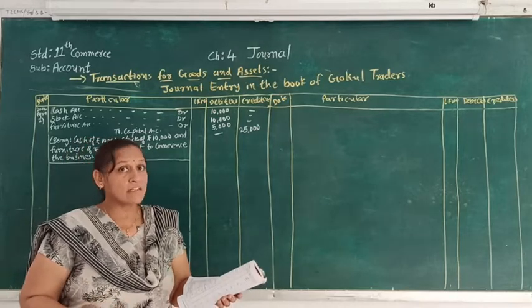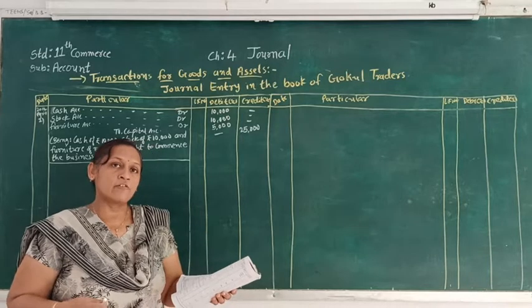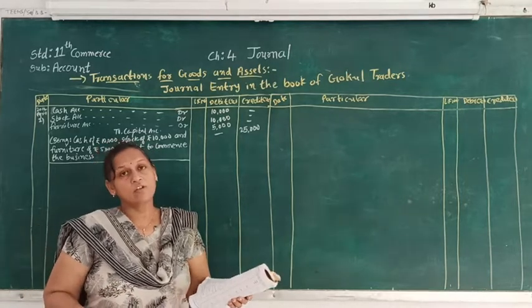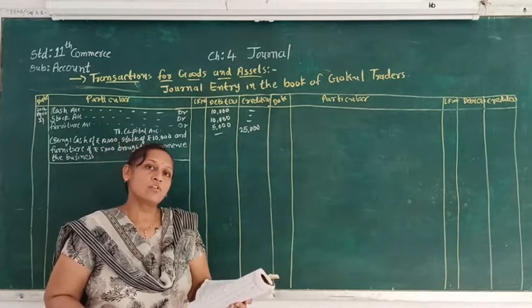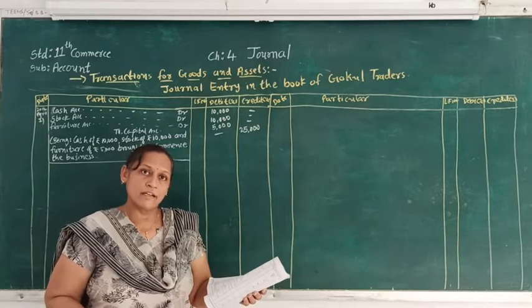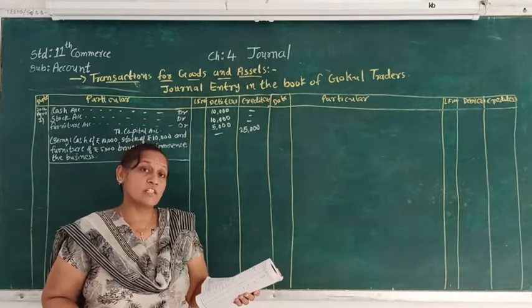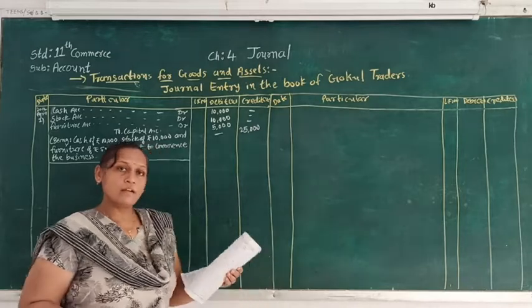So credit the giver, that is the personal account: debit the receiver, credit the giver. So here Mathura traders is a giver, so that account is going to be credited. So our journal entry will be purchase account debit to Mathura traders.